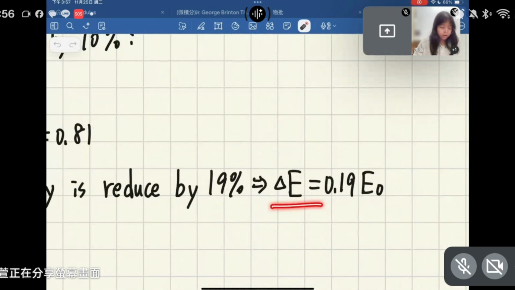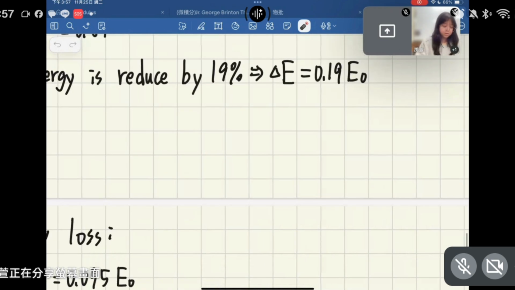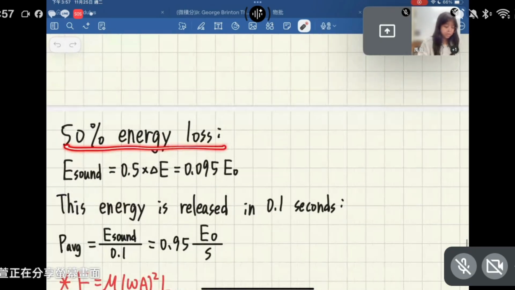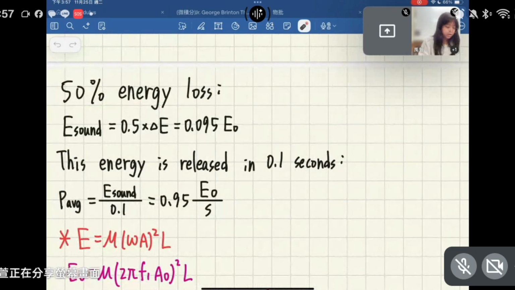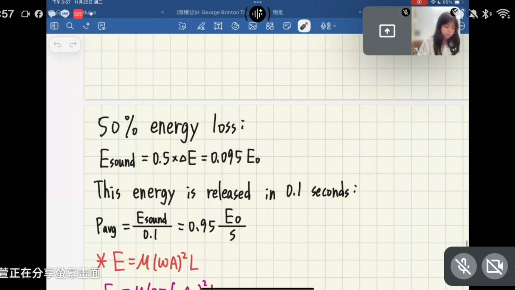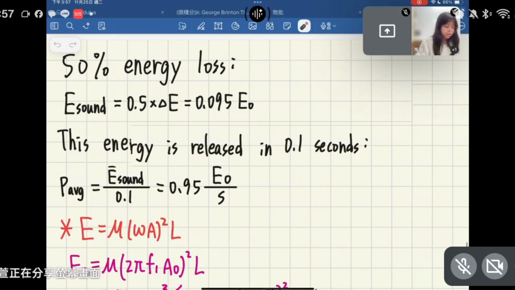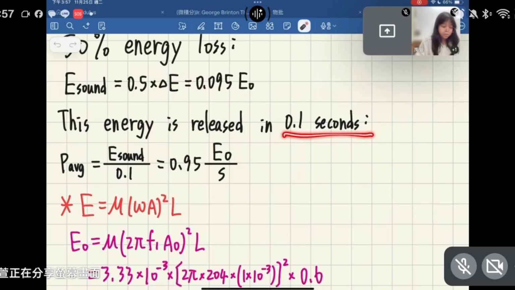So the delta energy equals 0.19 E0. So the 50% of the energy loss is because the energy of sound, this gap of energy, equals 0.095 E0. So this energy is released in 0.1 seconds.